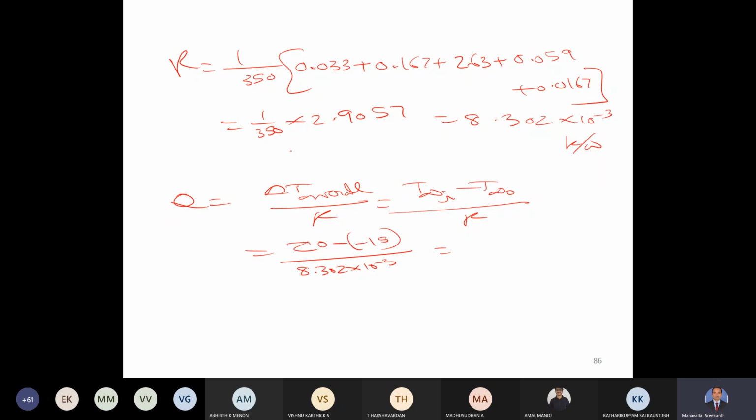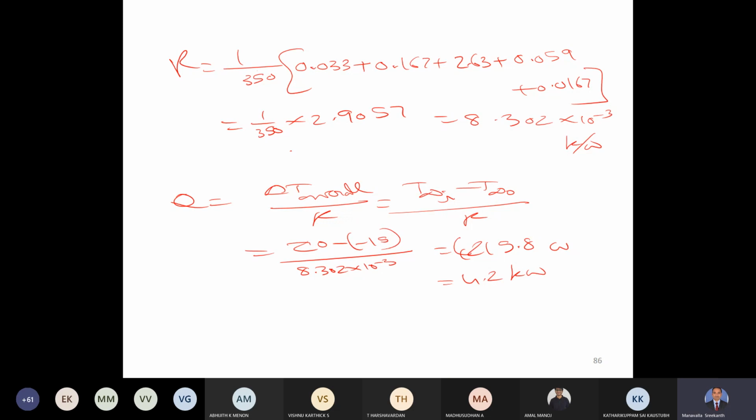Okay, so this is 4215.8 watts, or this is 4.2 kilowatts. This is the heat transfer. So this is the first part of the problem.